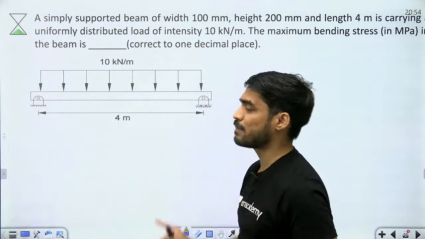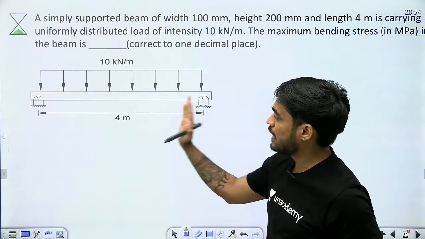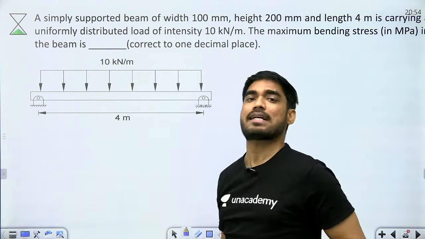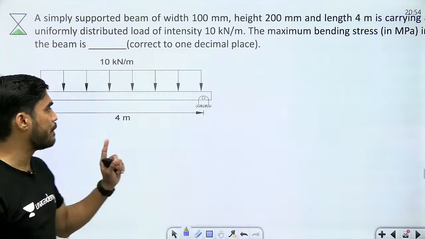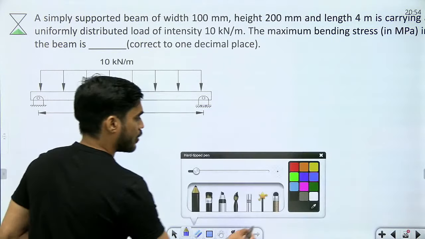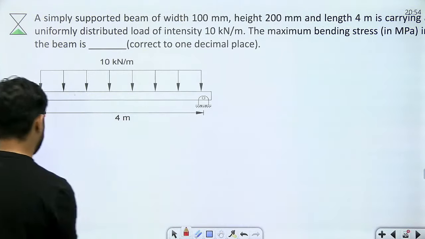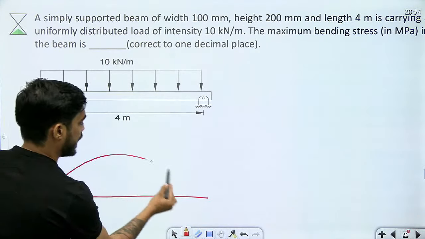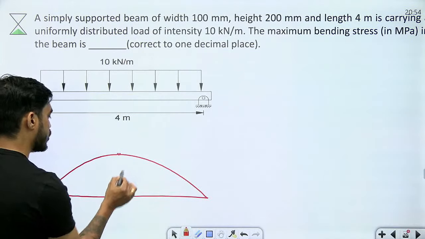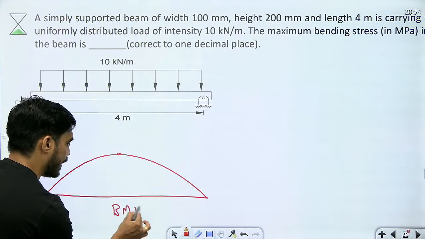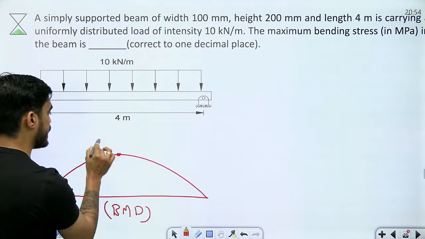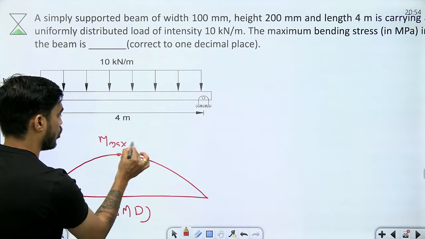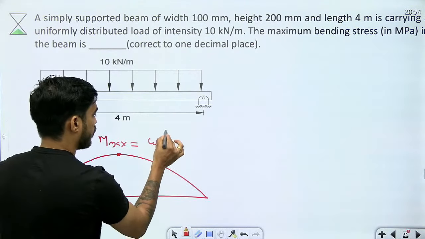With a simply supported beam and symmetric loading, the bending moment always comes maximum at the center. If you draw the bending moment diagram in this case, you will get a diagram like this. The bending moment diagram is this, and this M maximum will be equal to what?